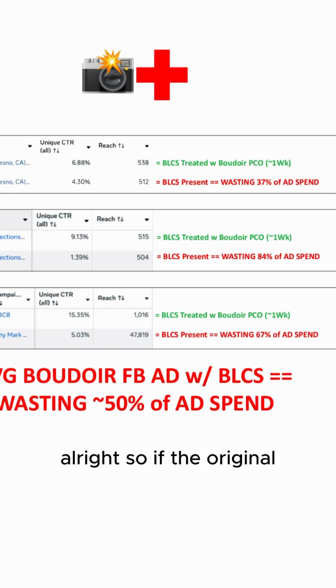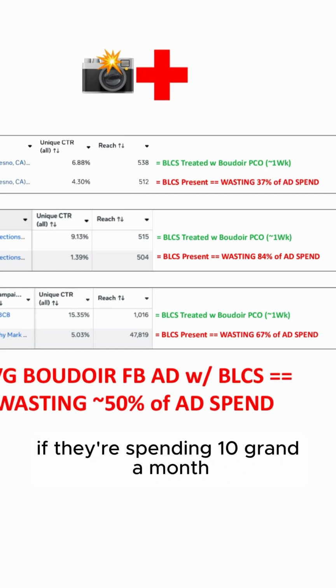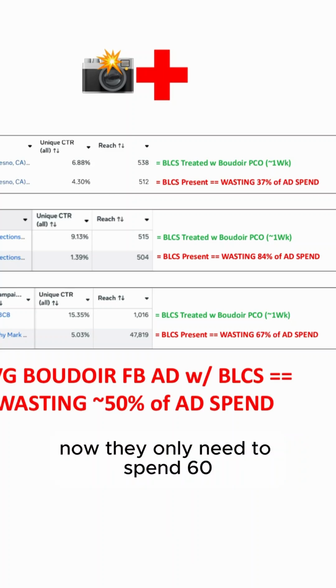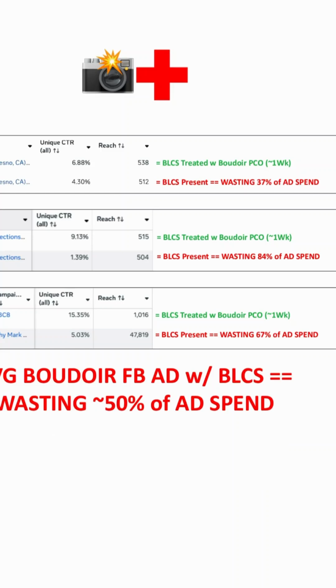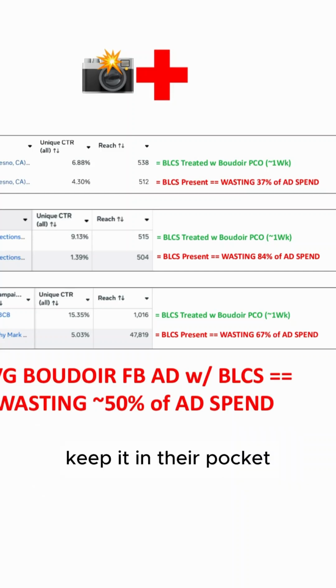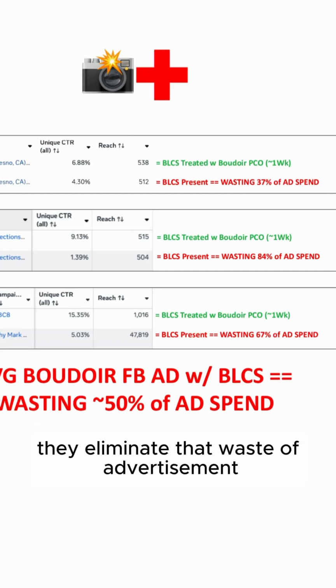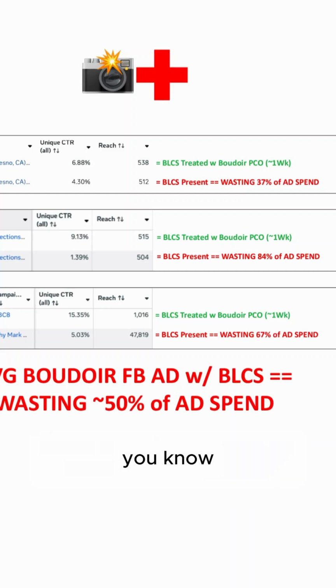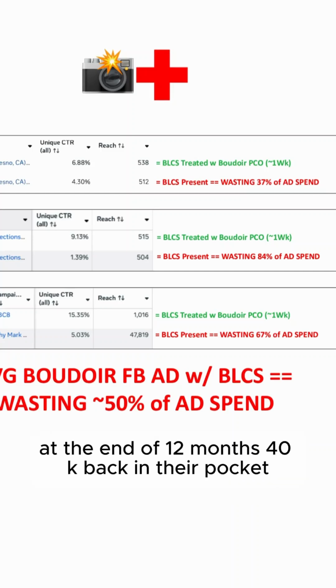If they were spending 10 grand a month on the original ad, now they only need to spend $6,300 a month on the Boudoir Pico treated ad. So they can pocket that $3,700 of wasted ad spend. They eliminate that wasted ad spend, keep it as a kind of phantom bonus. It's basically like a 40K bonus at the end of 12 months. 40K back in their pocket.